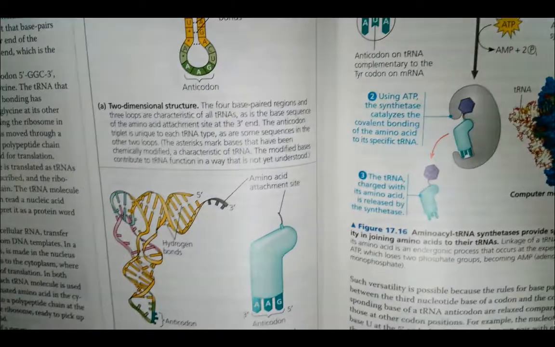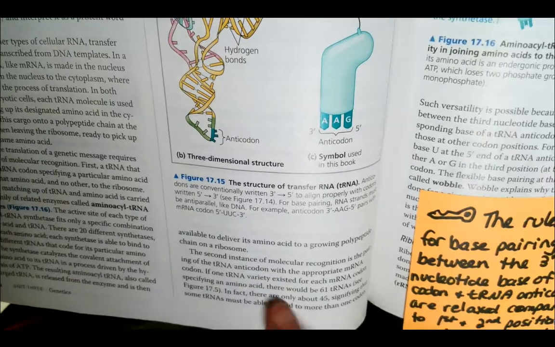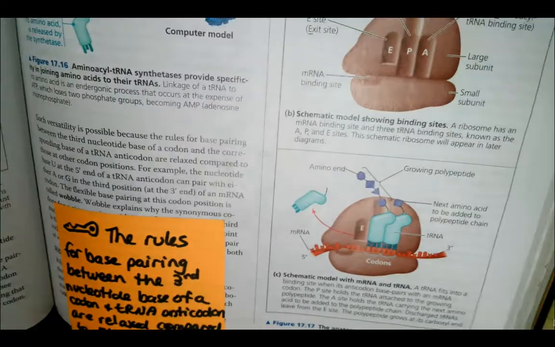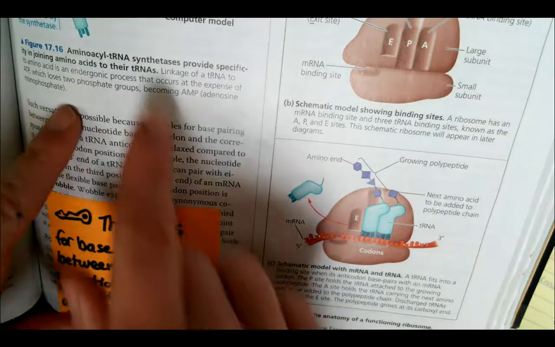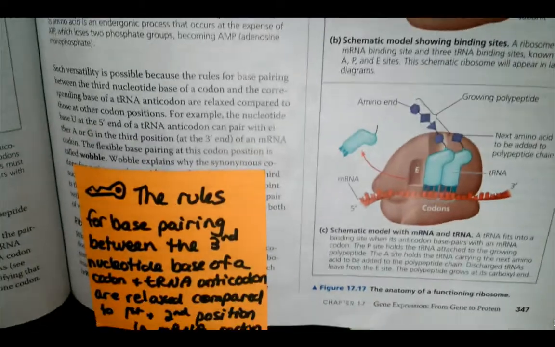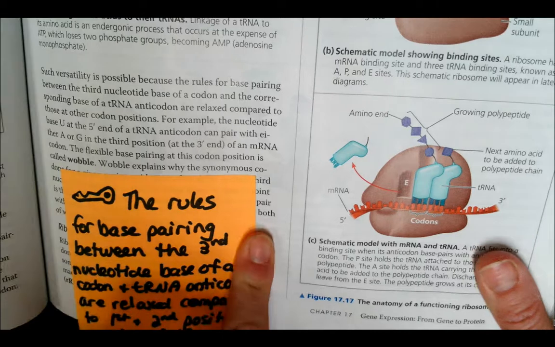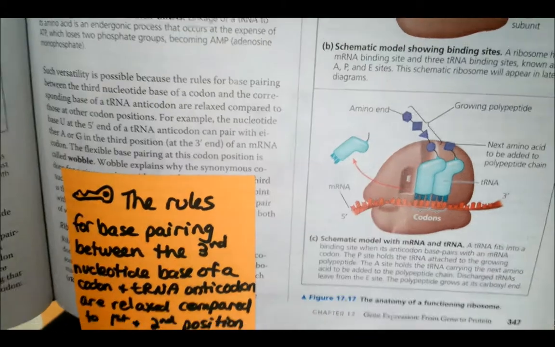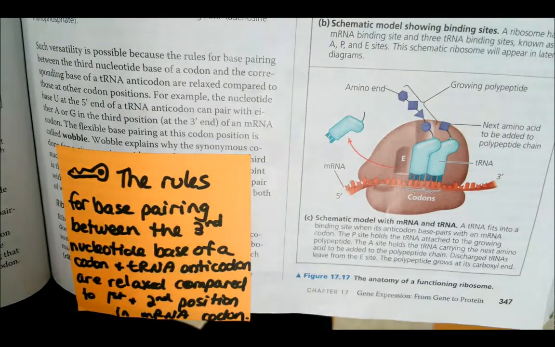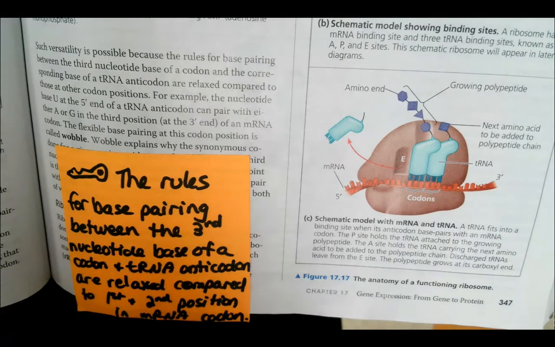So here's a fun fact for you. So they talk about it over here, and then they continue on to the next page, finishing up that description of figure 17.6. One of the big things here, as you can see with this sticky note, as you read through, there's something called a wobble. And you definitely need to familiarize yourself with that. So the rules for base pairing is not always like all three bases of the codon have to match with all three of the anticodon.